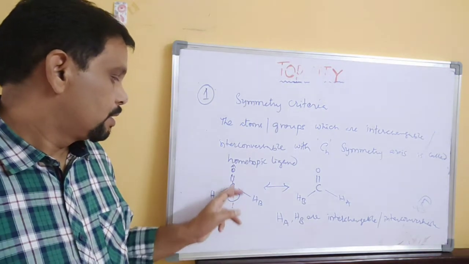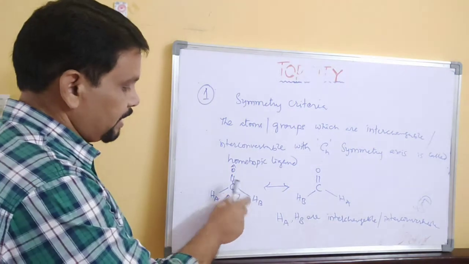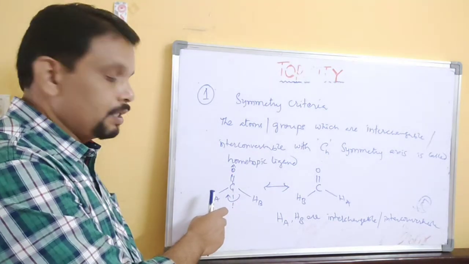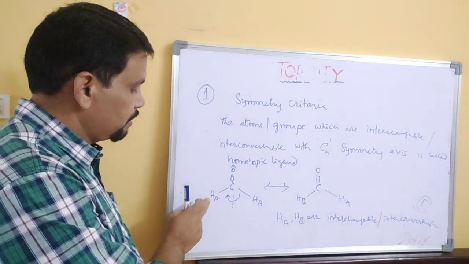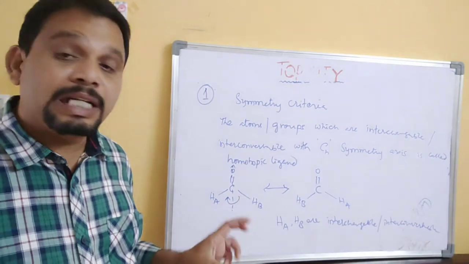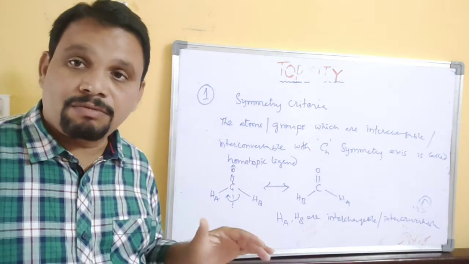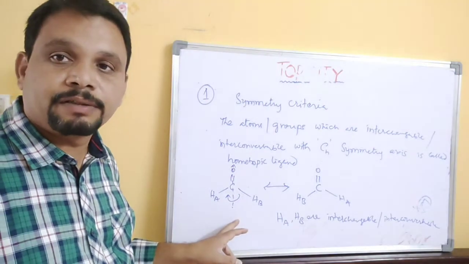If you rotate 180 degrees, this HB will come to this side and this HA will go there. So they are interchangeable, interconvertible with each other with a C2 axis of symmetry.